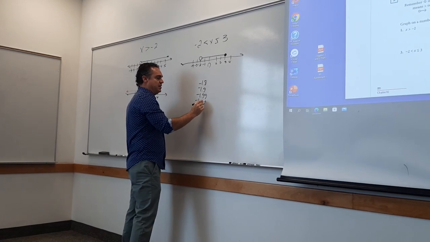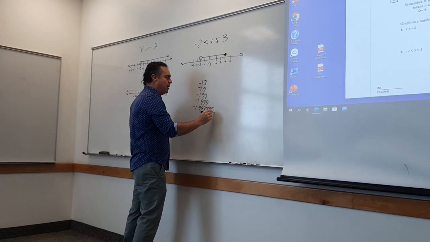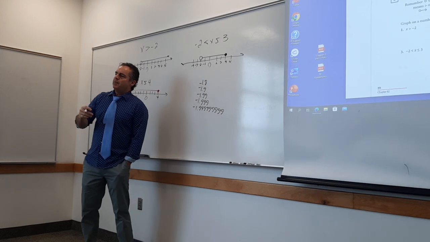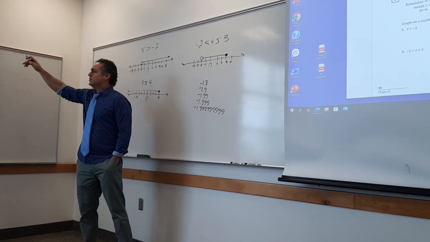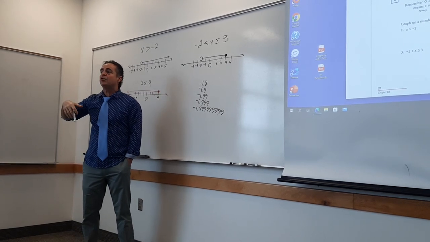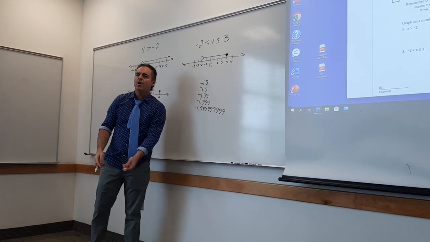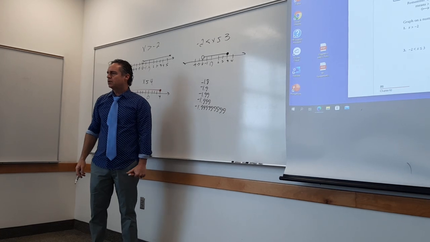How about -1.999, or -1.999999999? That's the reason why you have the open dot. People don't think about this sometimes, but infinity is not always that way. It goes deeper, deeper, deeper. We just keep getting closer and closer, but we never quite touch -2. That's why we have the open dot concept, okay?